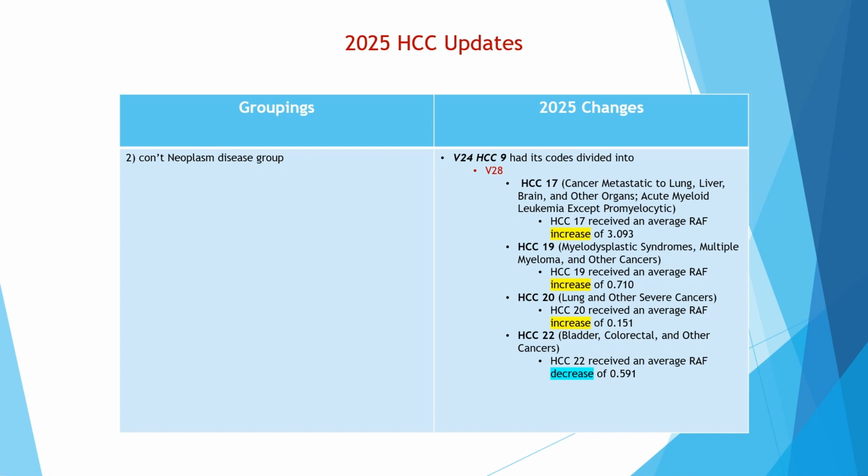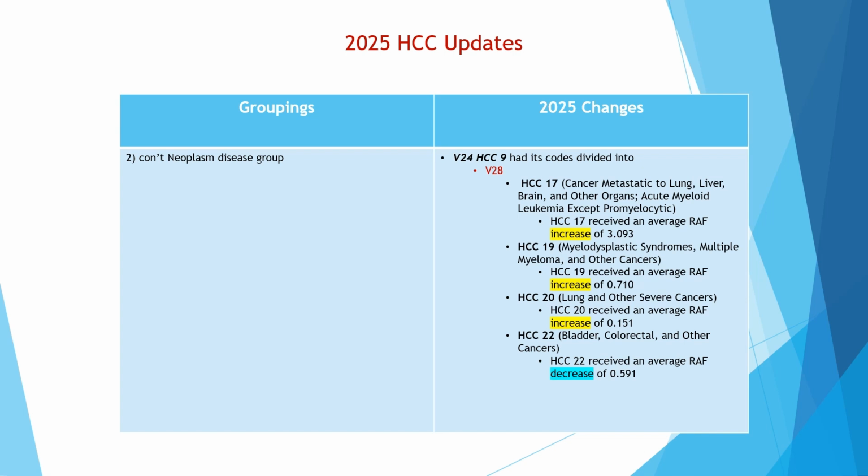V24 HCC9 had its codes divided into V28. HCC 17, cancer metastatic to lung, liver, brain, and other organs, acute myeloid leukemia except promyelocytic, received an average RAF increase of 3.093.